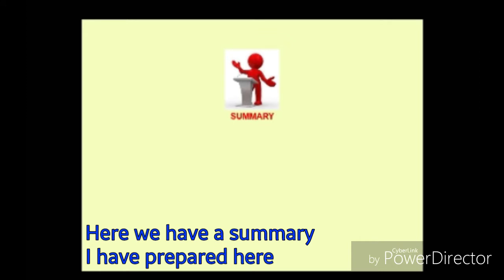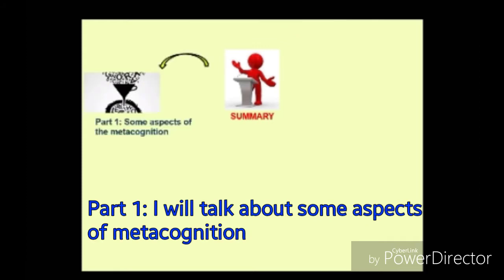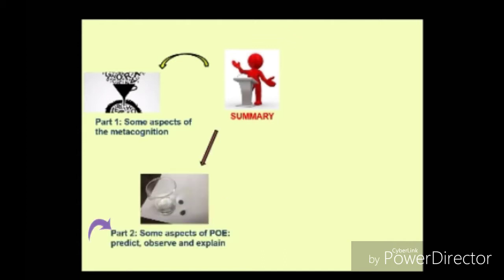Here we have a summary I have prepared with the parts of the presentation. Part 1, I will talk about some aspects of metacognition. Part 2, some aspects of POE, predict, observe and explain. These first two parts refer to the theoretical foundation of the activity.